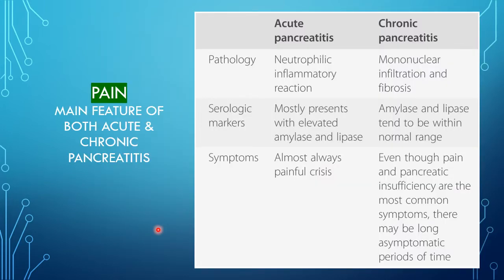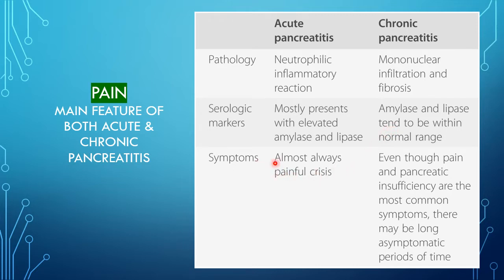What are the differences between acute and chronic pancreatitis? As for the pathology, acute pancreatitis is a neutrophilic inflammatory reaction, whereas chronic pancreatitis is mononuclear infiltration with fibrosis. For the serological markers, mostly present with elevated amylase and lipase for acute pancreatitis, but in chronic pancreatitis, the amylase and lipase tend to be within the normal range.